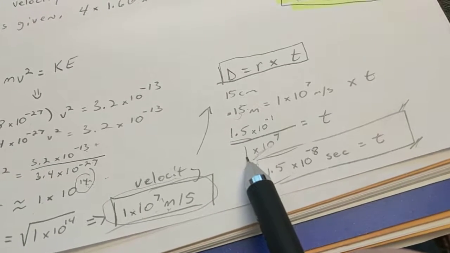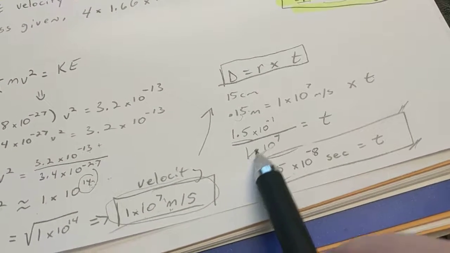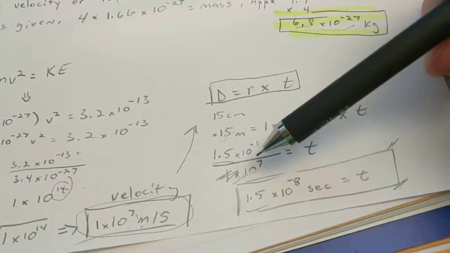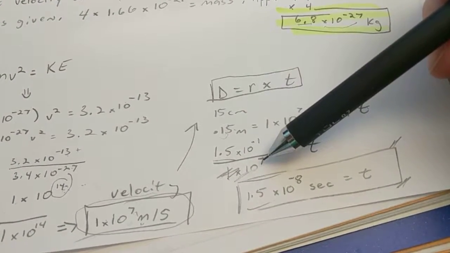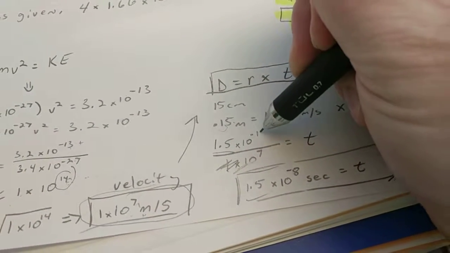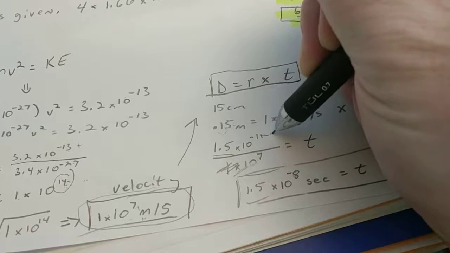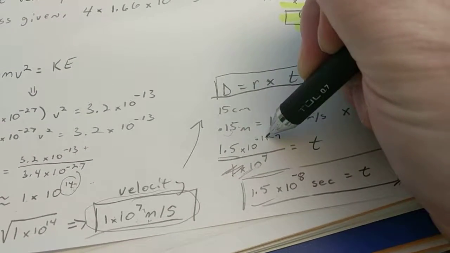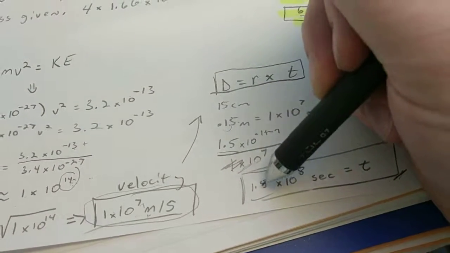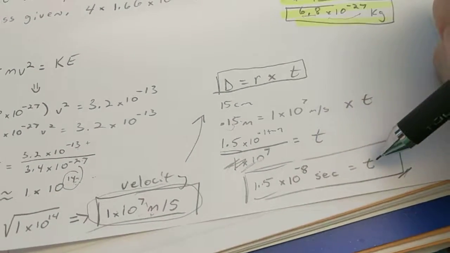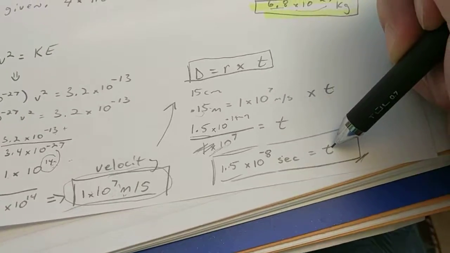Then it's 1.5 over 1, simple. That goes away, it's just 1.5. And then for dividing these exponents, I'm going to add that -1, plus, and then since I'm moving this from the bottom to the top, it switches the sign. So -1 plus -7 is -8. 1.5 times 10 to the -8 seconds is the time that I think it would take.